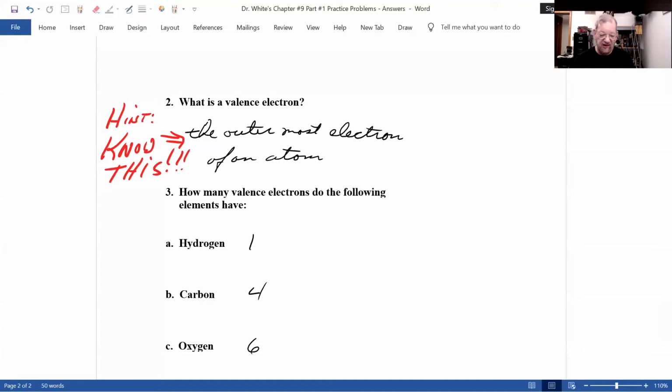How do you find valence electrons? Well, you look at your periodic table. Hang in there, I've got to open up a periodic table, which I didn't do.